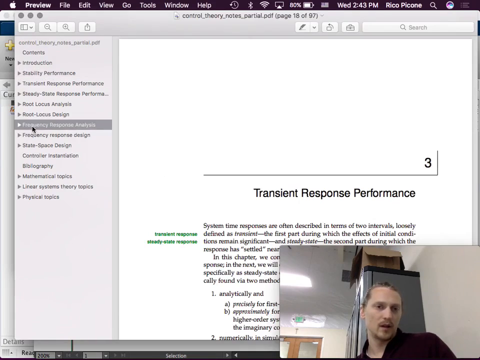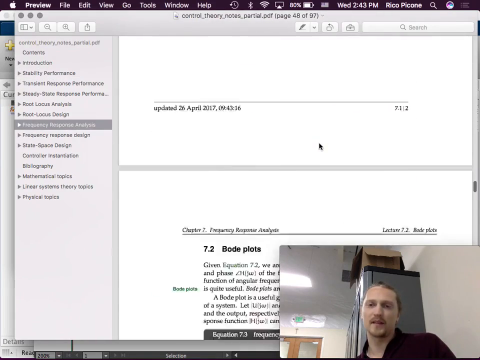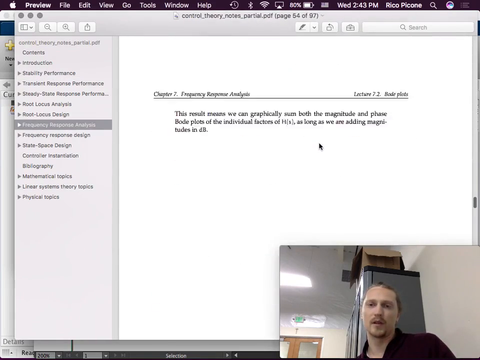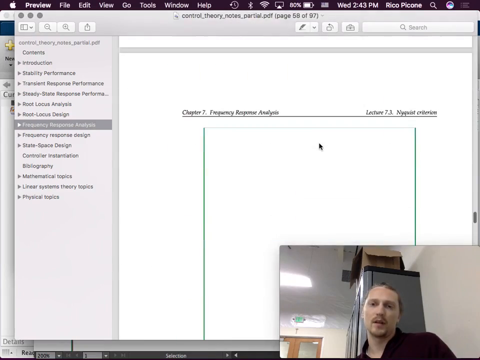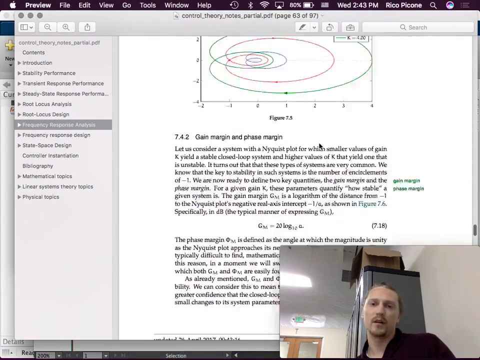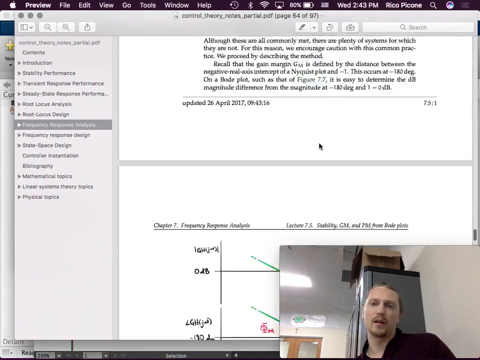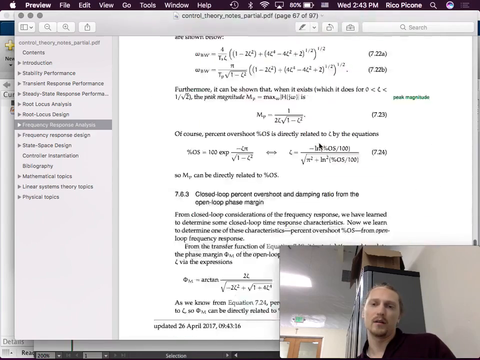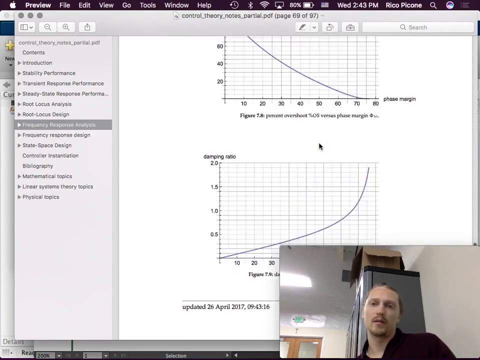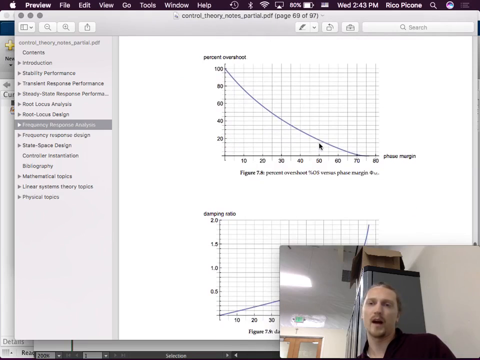So in the frequency response analysis chapter, if we go down to the Nyquist stuff, there we go. I saw them. Aha! Phase margin related to percent overshoot.